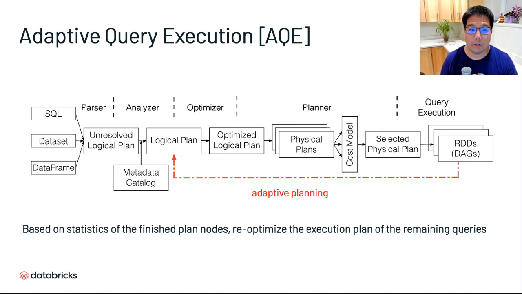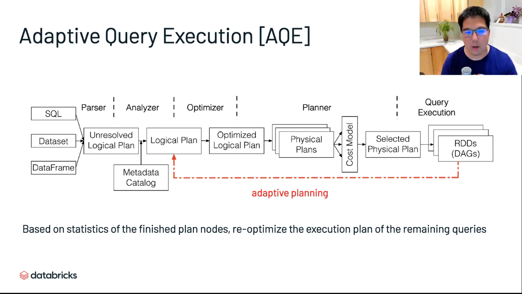Now, the red line that we're introducing as the 3.0 line is the basic idea of adaptive planning: we're going to re-optimize the execution plan using the existing rules of the optimizer and the planner after we collect more accurate statistics from the finished plan.